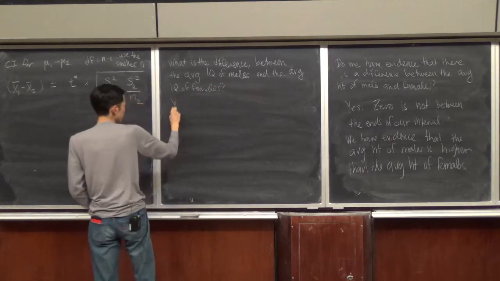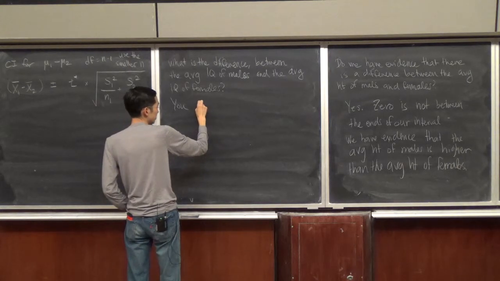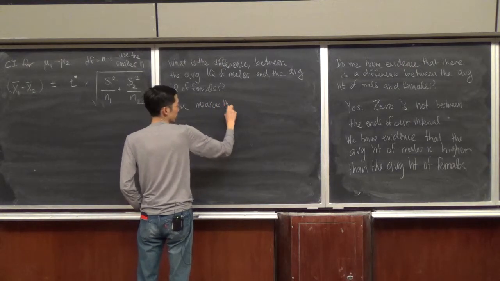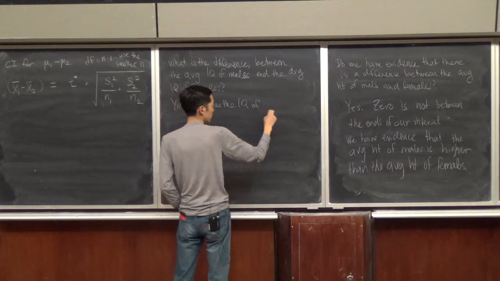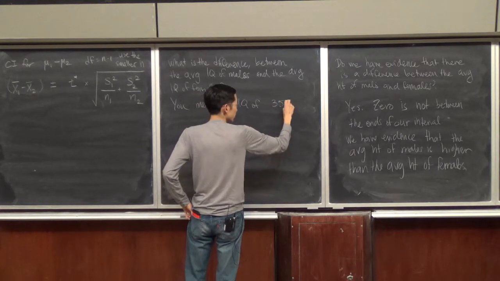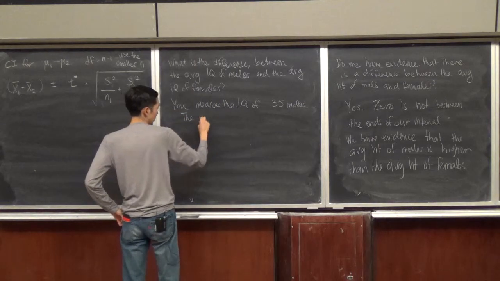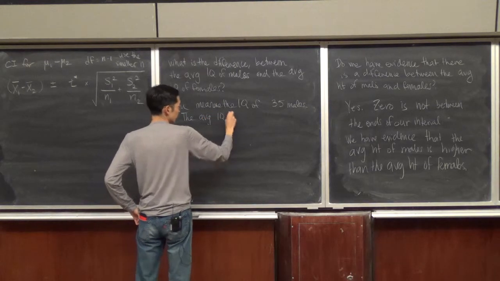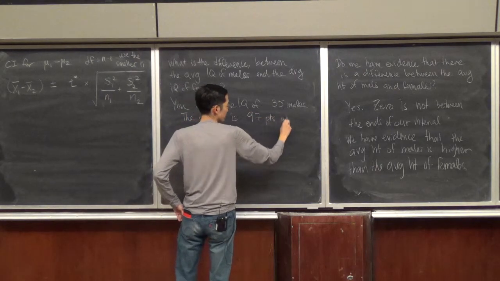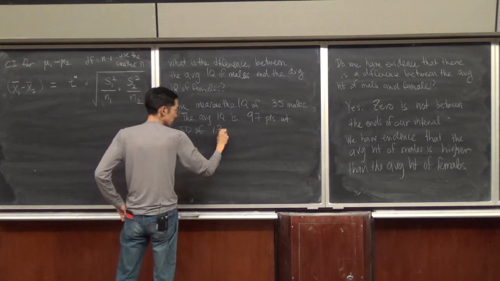Okay, so you measure the IQ of, let's say, 35 males. The average IQ is 97 points with standard deviation of 17 points.